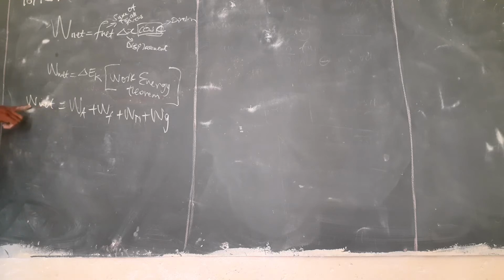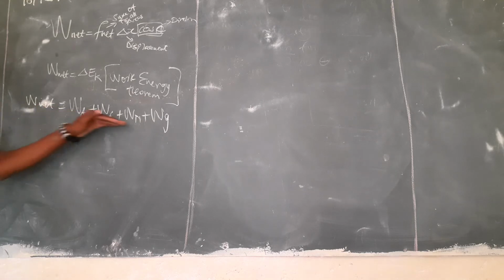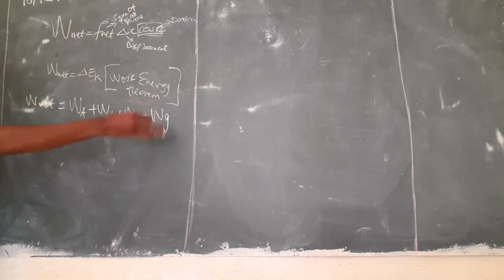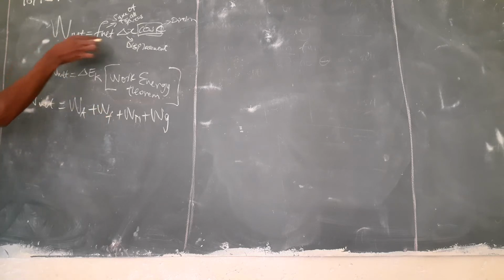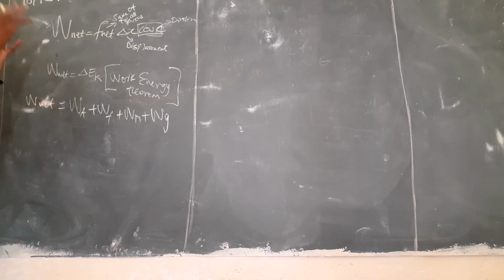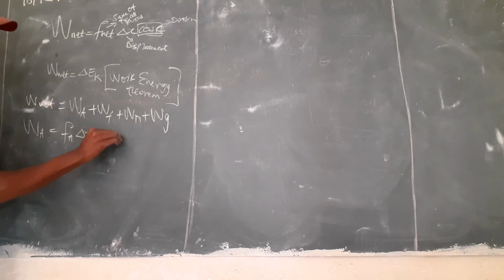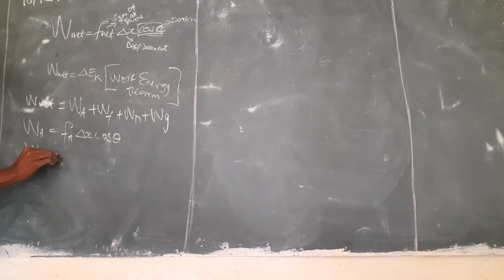So if a question comes to say calculate the work done by friction, you can substitute here, use the F net, and then calculate. We will deal with that when we do examples. Work done by applied is FA delta x cos theta. Work done by friction is FF delta x cos theta.